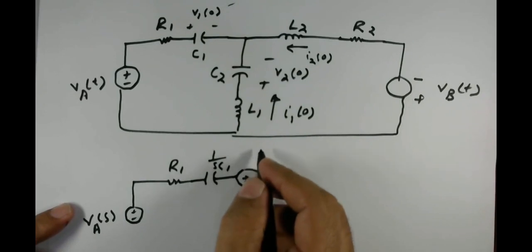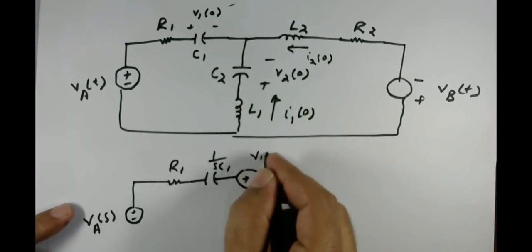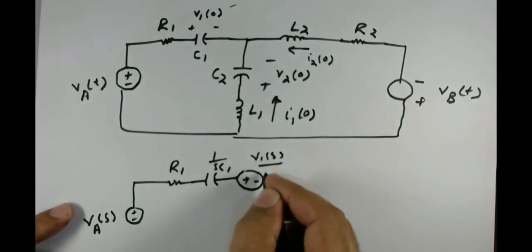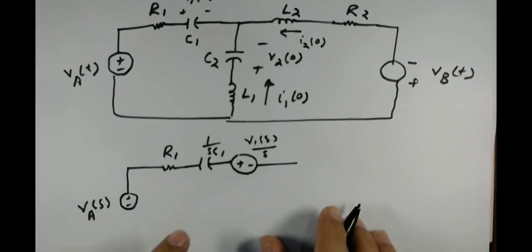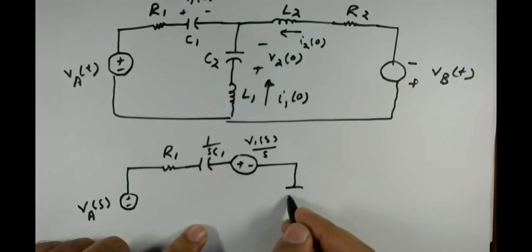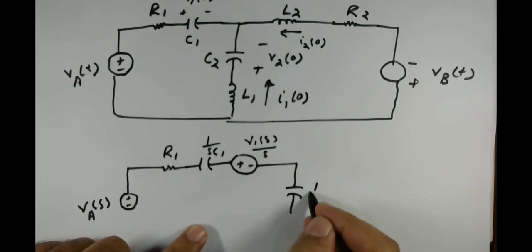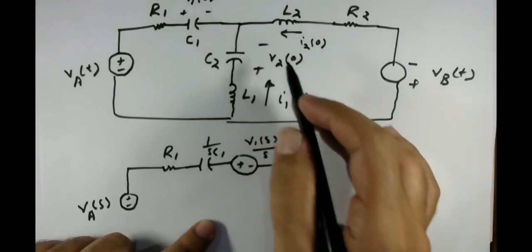This is V1 of 0 in the time domain; in the S domain it will be V1 of 0 divided by S. Then I come across this capacitor, whose reactance will be 1 by CS, but C is C2.